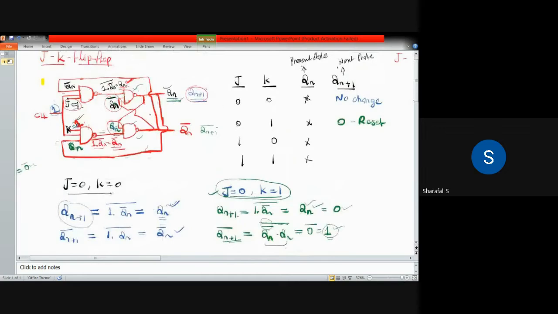So here we have Qn coming from this side. Okay, Qn here, and here with K equal to 1 dot Qn bar, that is nothing but Qn bar.